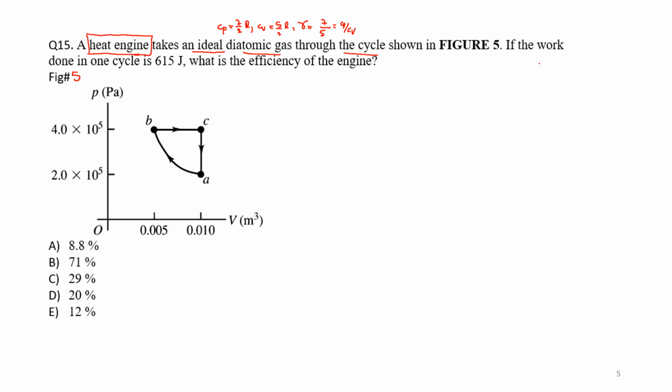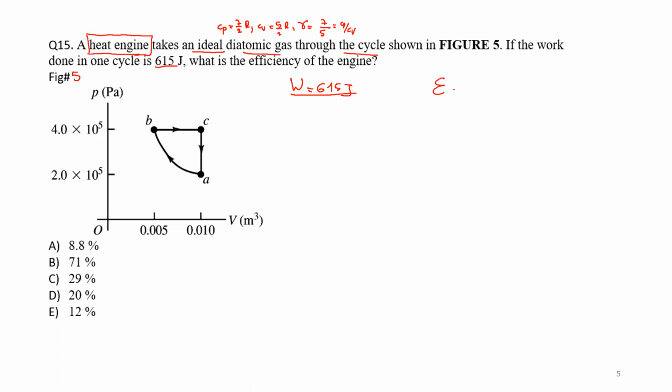Now it's a heat engine and it takes a gas through a cycle. If the work done in one cycle is 615 joules, what is the efficiency of the engine? So it's a heat engine, thermal engine.